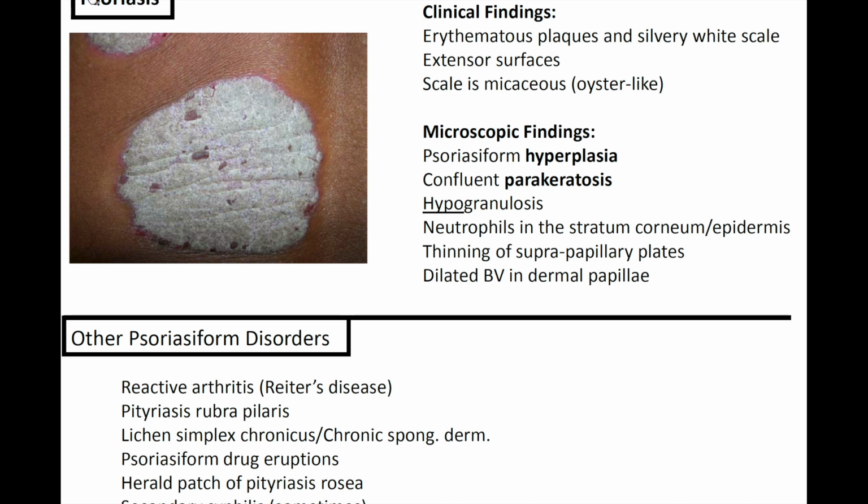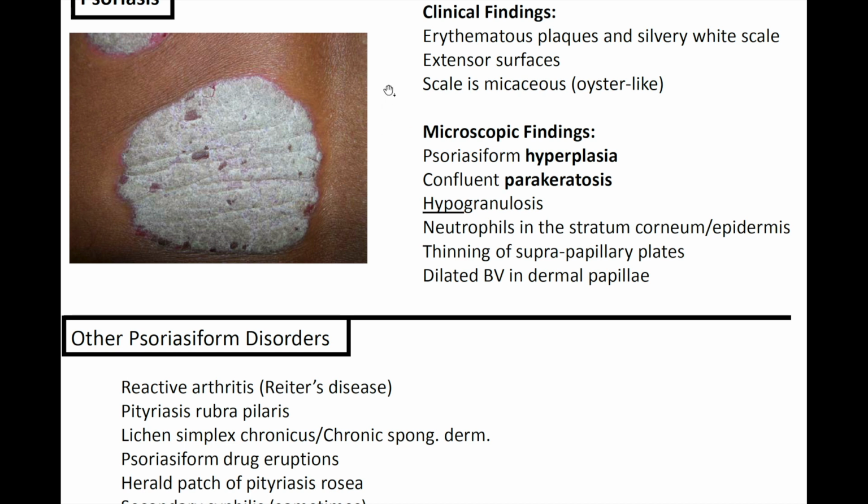So for psoriasis, the clinical findings that we remember, you're going to have this erythematous plaque and silvery white scale as shown here. Commonly on the extensor surfaces, the scale is micaceous or oyster-like.